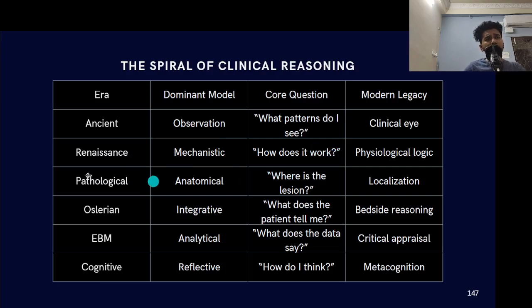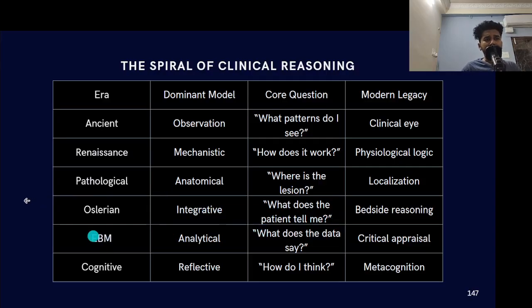Then we had the pathological era, where we were talking about the anatomy of things, that is, where is the lesion located, which helped us localize things. And then we have the Oslerian period, where we had the integrative model, where we talked about what does this patient mean in the bedside reasoning.